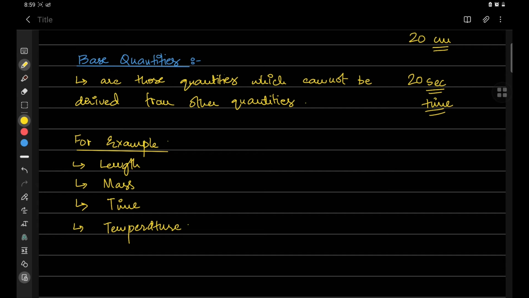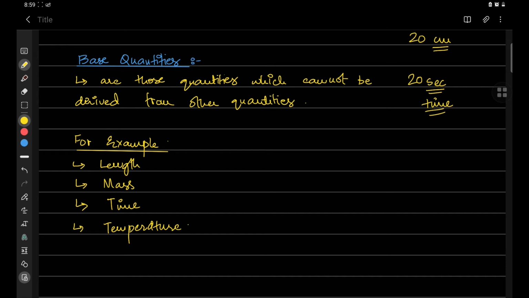Why? Let's suppose, I'm sure you must have studied in math or somewhere, how do you calculate the area of a geometrical object, let's suppose a square? You multiply the sides. For perimeter, you add all four sides of a rectangle or a square.